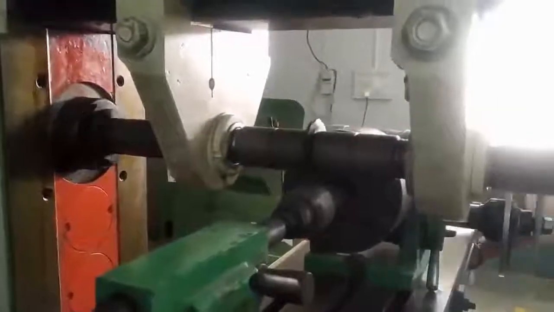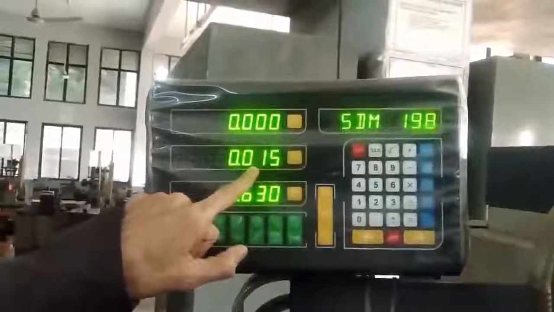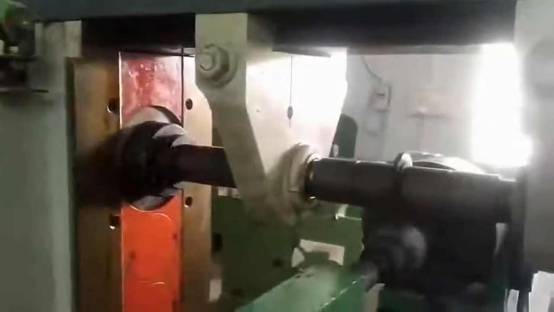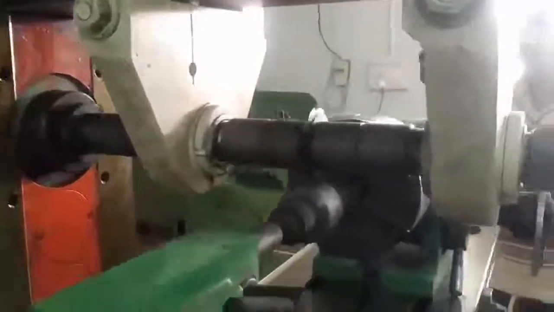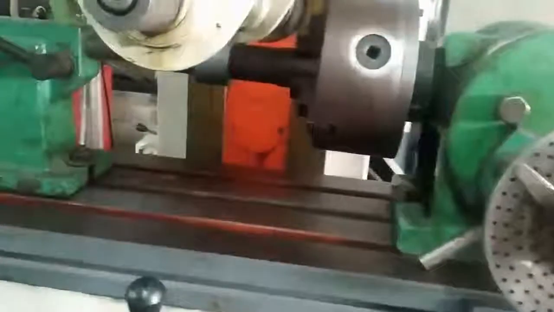This movement is shown here, how it is moving. Hand feed is provided to the work table.